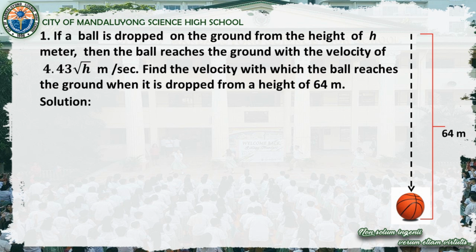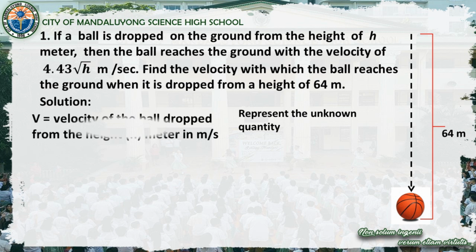Now, of course, let's have the solution. So first we have to represent the unknown quantity, and let V be the velocity of the ball dropped from the height h meters, in meters per second. Next, let's write the working equation.